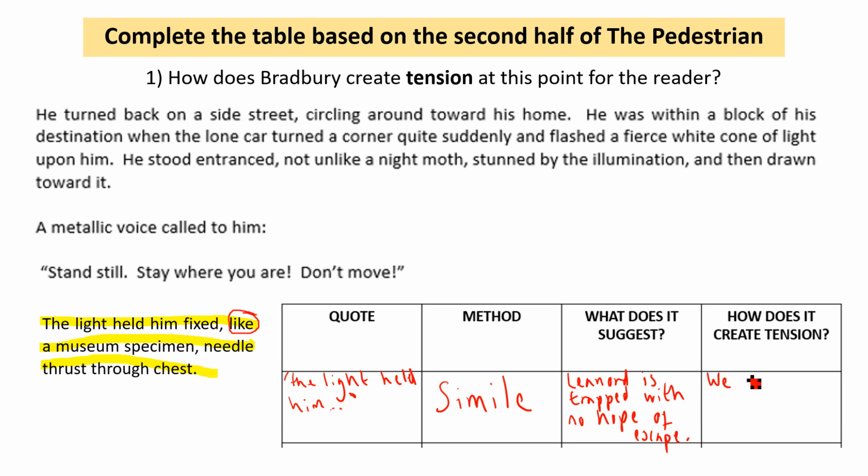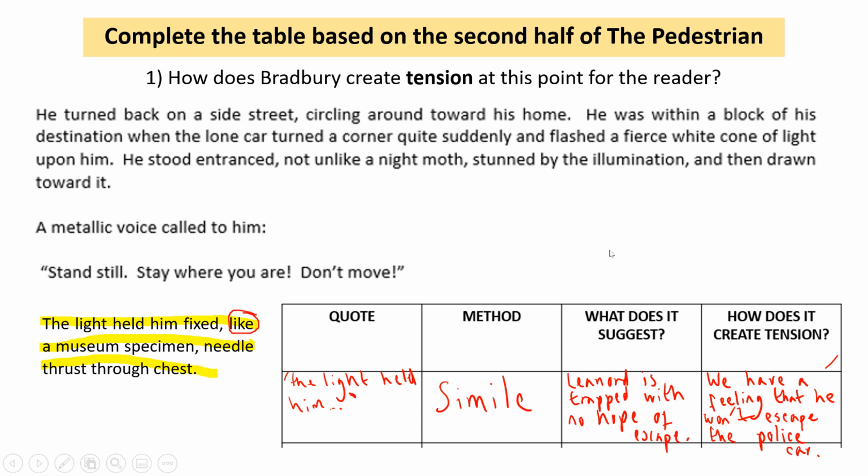We have a feeling that he won't escape the police car. All right, pause the video and finish the table now, please.